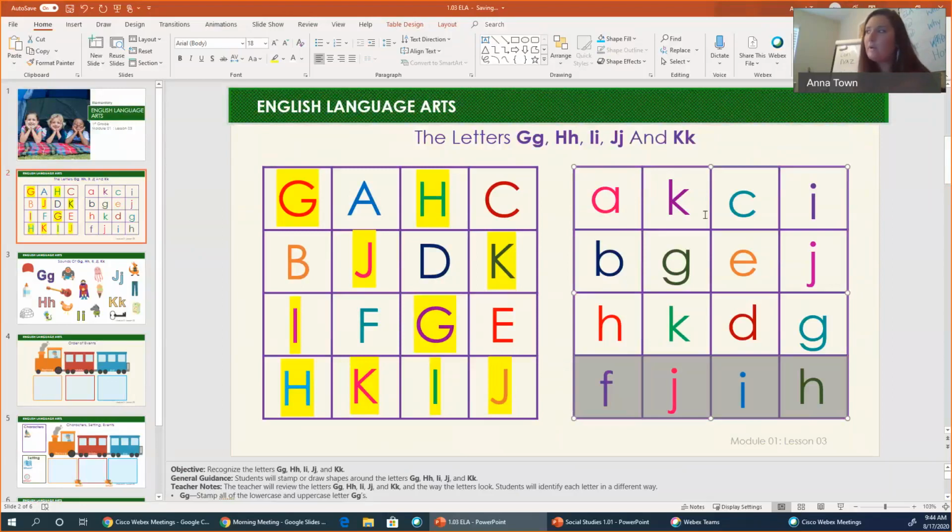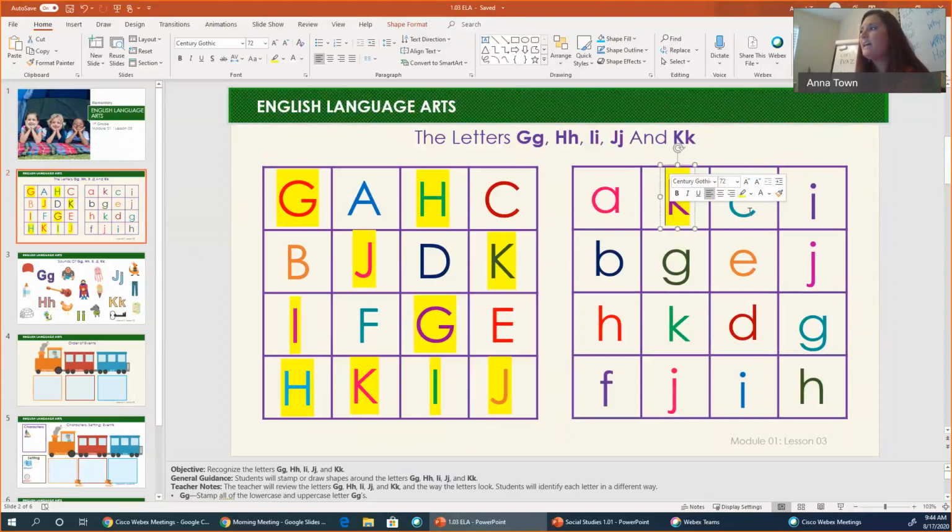Moving on to our lowercase letters. Starting here, we should not have pointed to this letter because it's a lowercase a. We should have pointed to this letter because it is a lowercase k. This letter we would have left because it's a lowercase c.